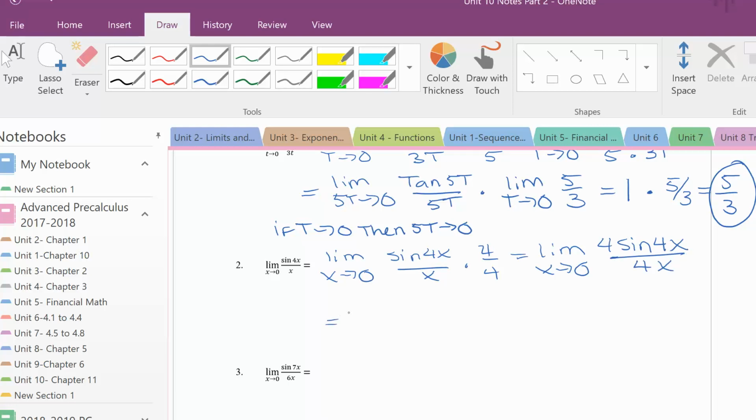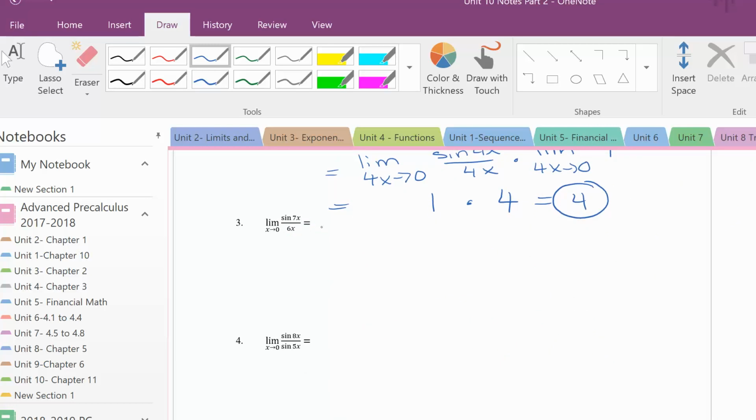So then that equals the limit as 4x approaches 0 of sine 4x over 4x times the limit as 4x approaches 0 of 4. And so we know sine theta over theta is equal to 1. So that's going to be equal to 1 times the limit of any constant, which is just itself, so 4. So it's equal to 4.